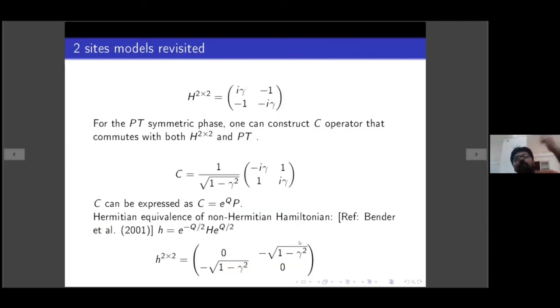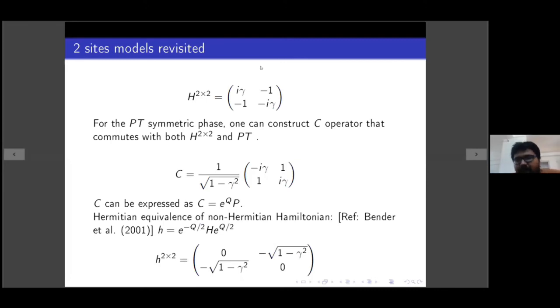Then we went back to the two-site model we did in the beginning, and tried to understand what is happening and why the two things match each other. We found something remarkable: when you have this two-site model, you can also construct something called the C operator. That operator commutes with this 2 cross 2 Hamiltonian and also the PT operator.